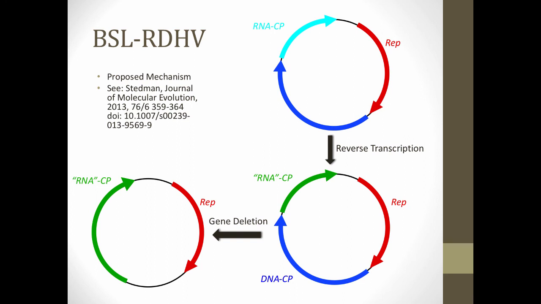So now you have a genome that's truly likely part DNA here, part RNA here. And by reverse transcription, this RNA is converted to DNA. And so now you have a DNA-like capsid protein and an RNA-like capsid protein present in the same virus. This DNA capsid protein is then lost by a deletion event, and you're left with a single-stranded DNA virus that has an RNA-like capsid protein.